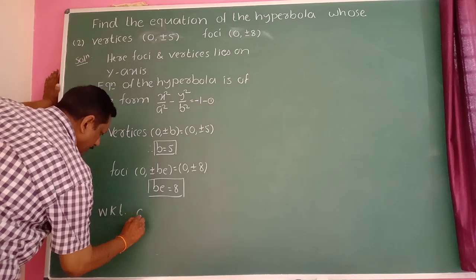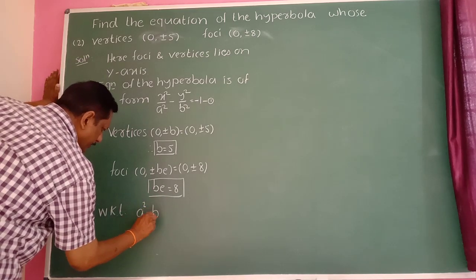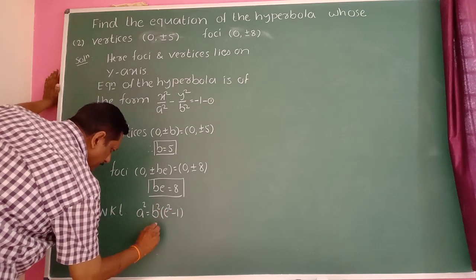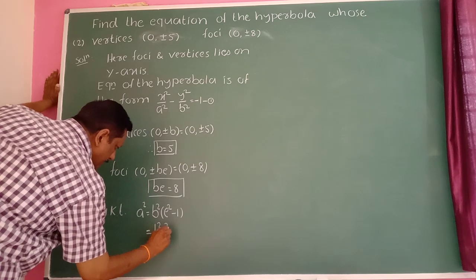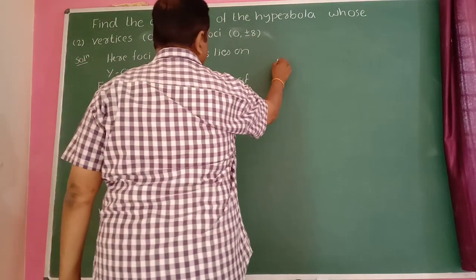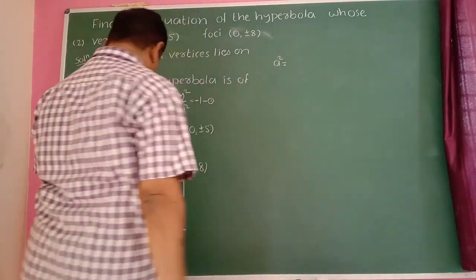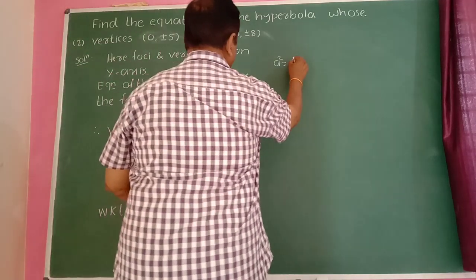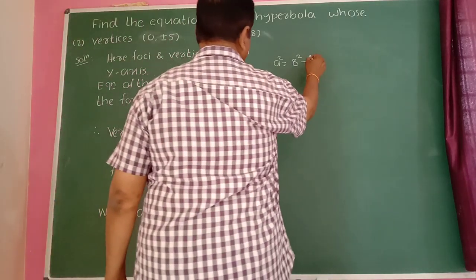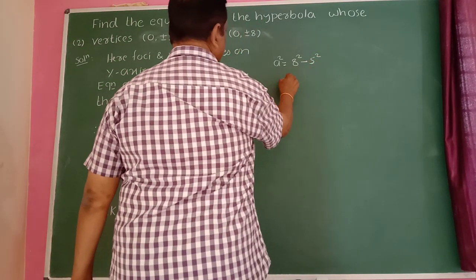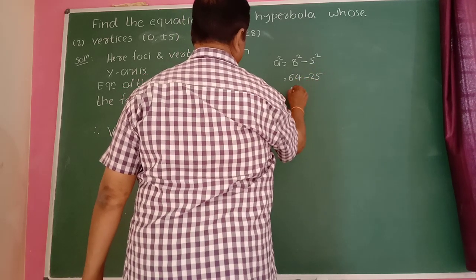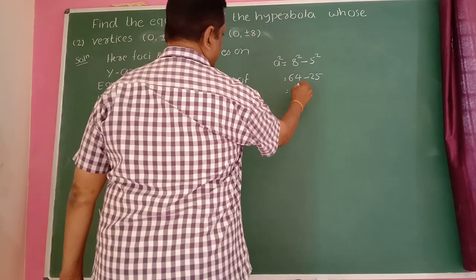Then use the formula a² = b²(e² − 1), that is b²e² − b². Therefore a² is equal to 8² minus 5², since be is 8 and b is 5. 8² is 64 and 5² is 25, so this is equal to 39.